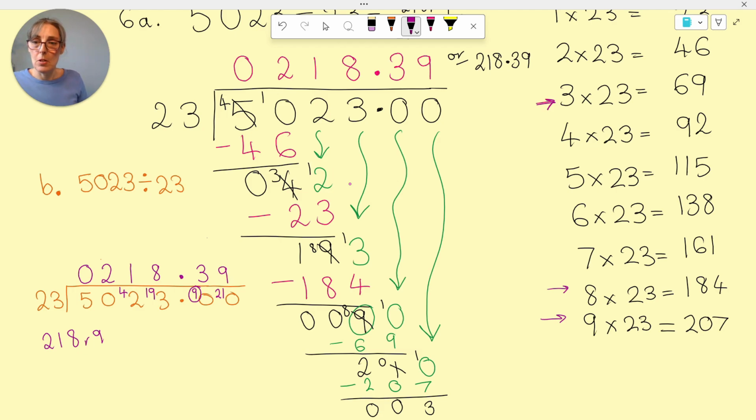So it's either 218 remainder 9 or 218 and 9/23, or 218.39. Is that the same? Yeah, I think so.